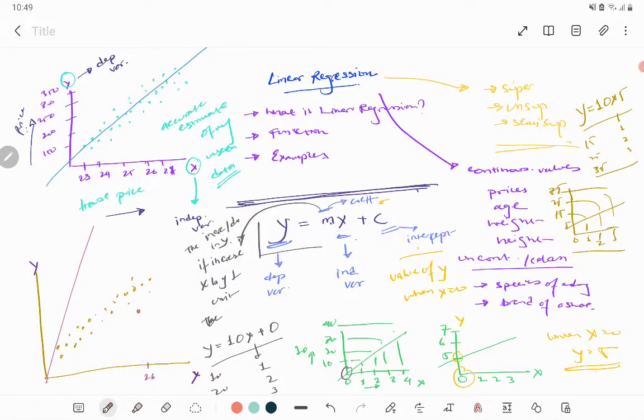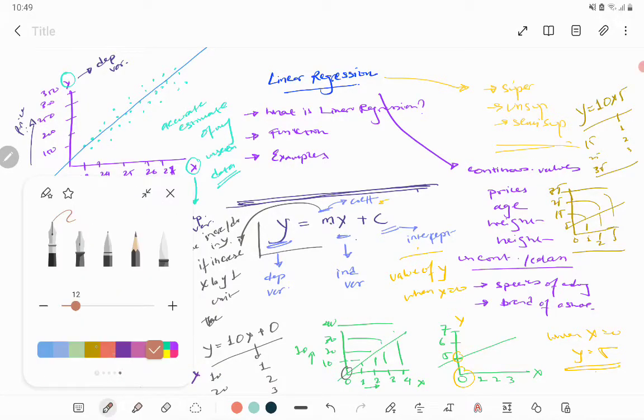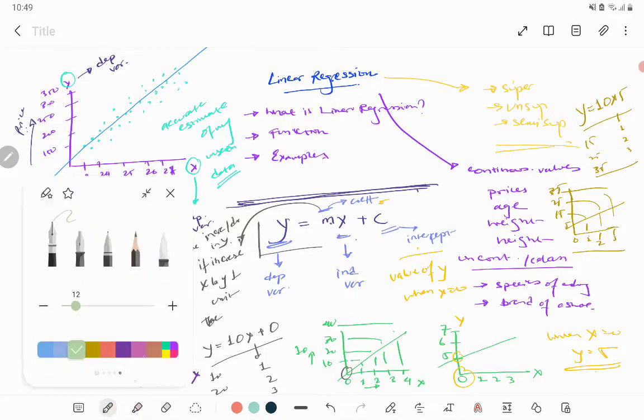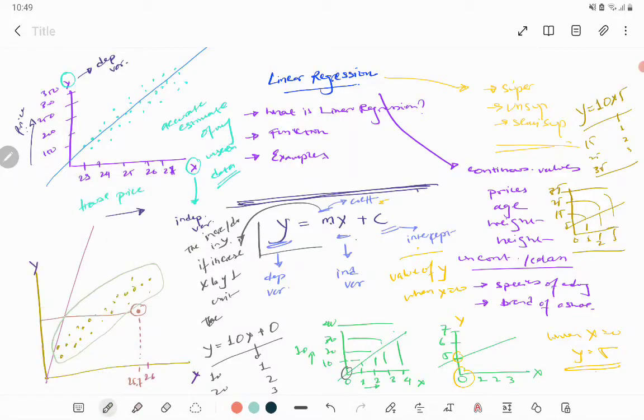Given this particular point, which lies somewhere down here, and given this value of x, which is, I don't know, 25.7, I want to understand what is going to be a possible value for this point. This is an unseen data. All these other ones are the seen data. The one in the brown is my unseen data.